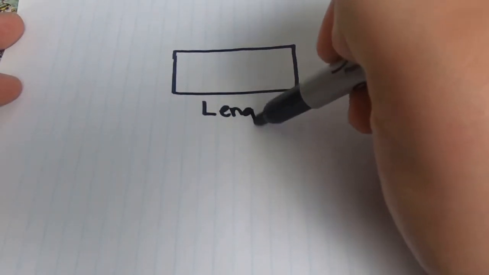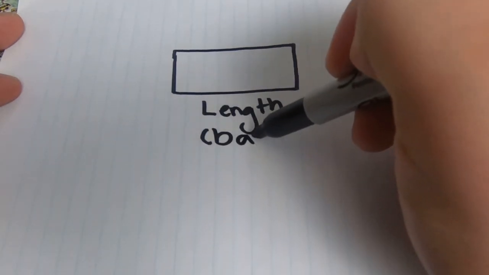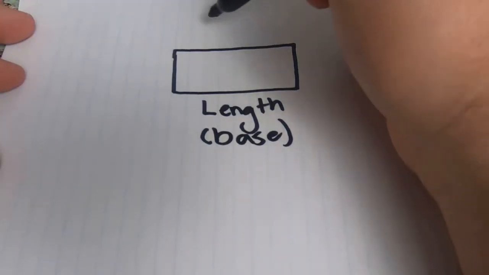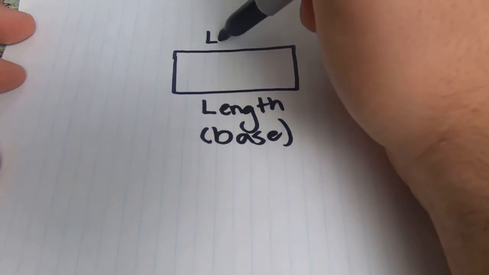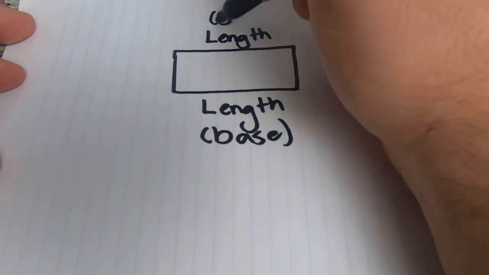So we have a couple of different things we can measure here. The first one is what we call length. Another name for length that we're going to use more is base. So we have the length or the base of this shape, and the opposite side is also considered to be the length or the base.